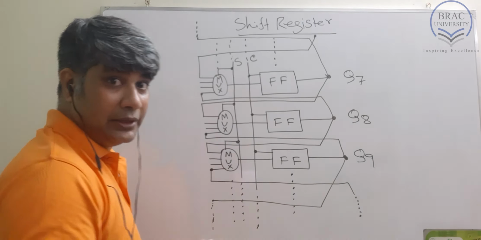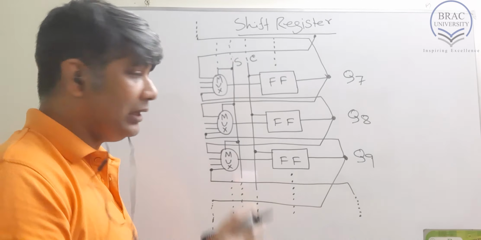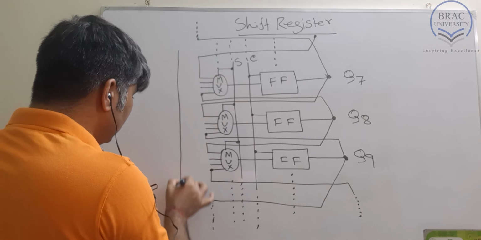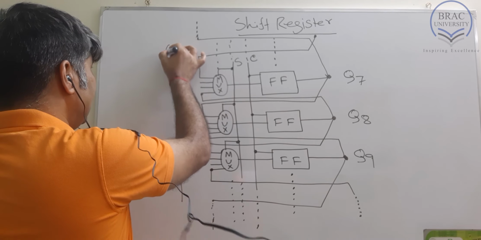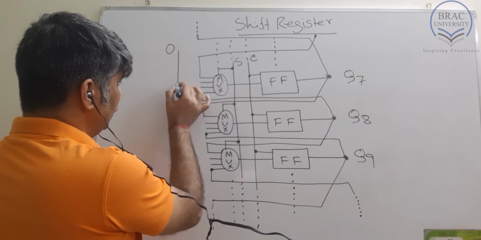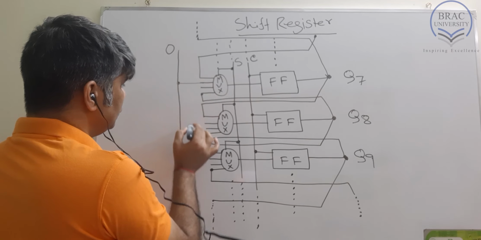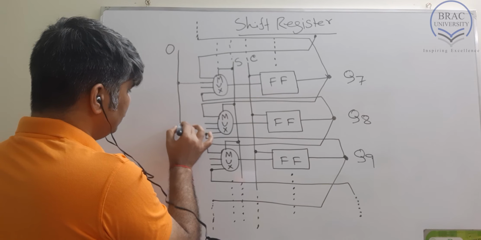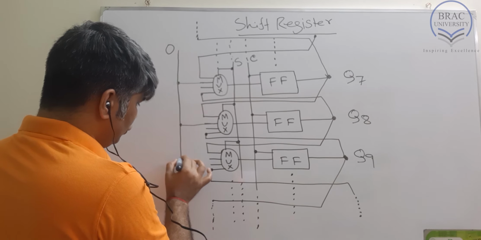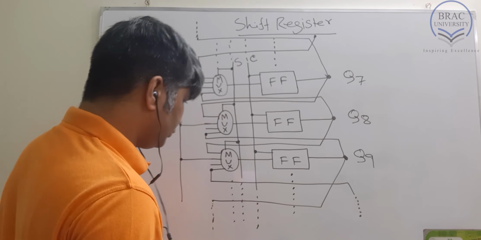As I said, there will be one option where we can clear the entire register. So we'll have one common link. Let's say this link carries binary 0. This one is connected to port 1 of the multiplexer if this is port 0.